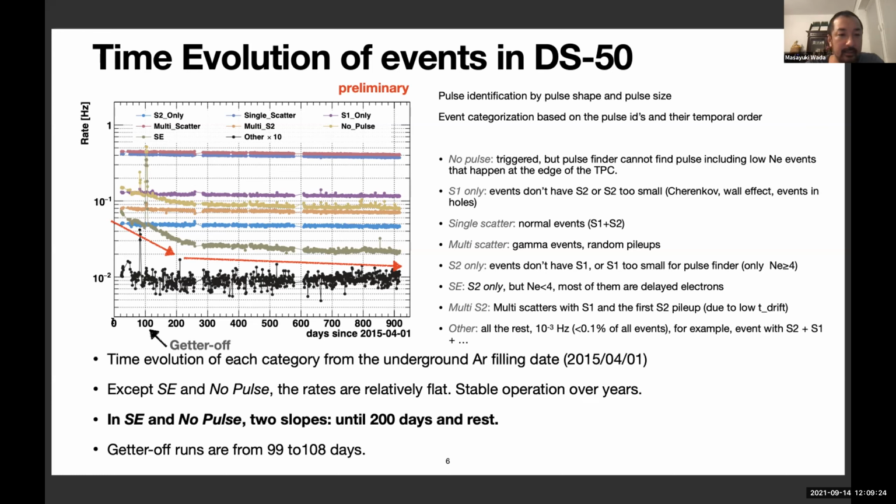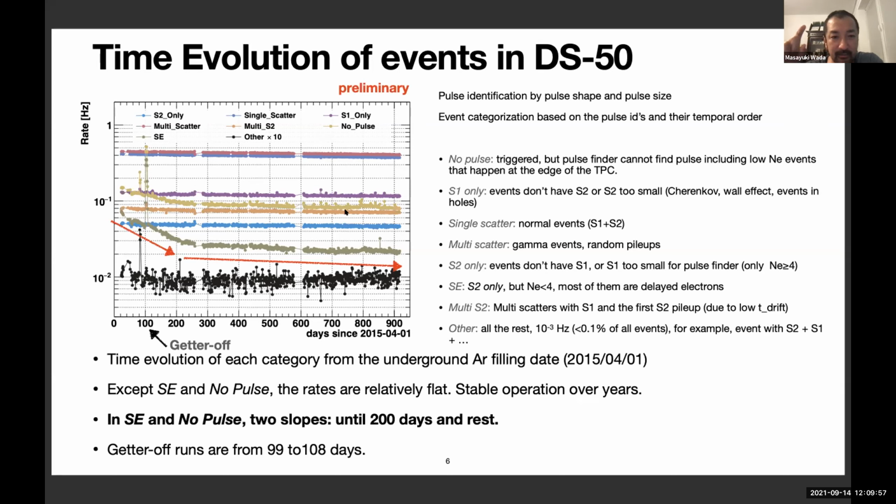Overall, most of the categories are flat, which indicates how stable our TPC is. Today we want to focus on the no pulse events. Those are events we triggered on, but they are too small to be found by the pulse finder. This is like the single electron events, but they happen at the edge.